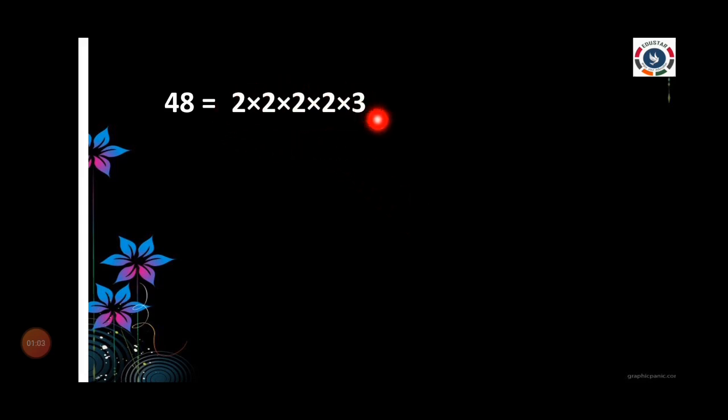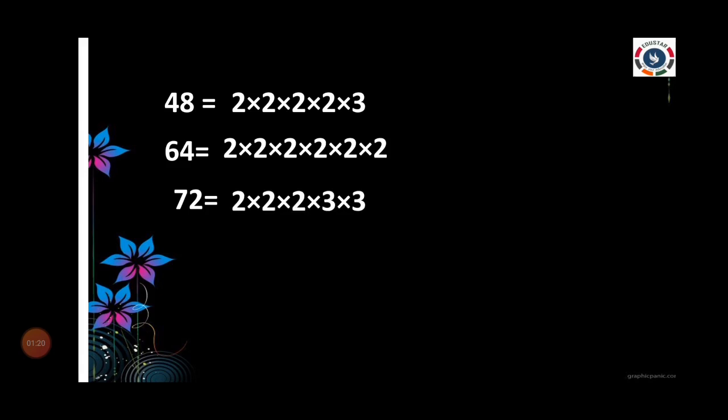So this is the factorization of 48. Next number, 64. What are the factors? 2 into 2 into 2 into 2 into 2 into 2. Totally 6 twos are there. And the next one, 72. Write all the factors: 2 into 2 into 2 into 3 into 3.